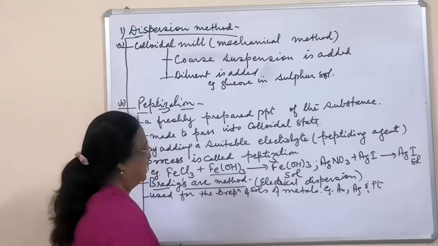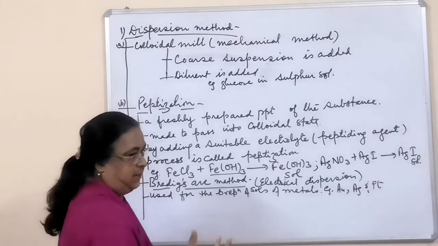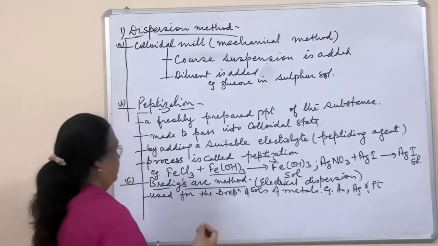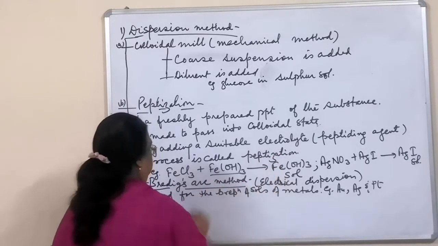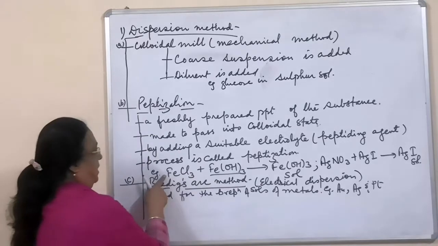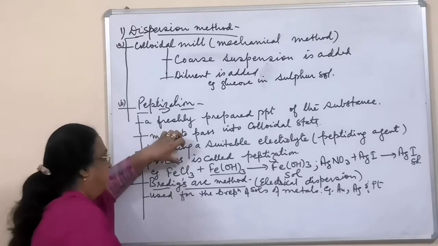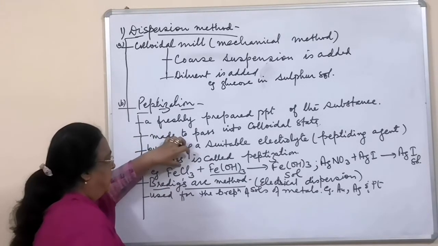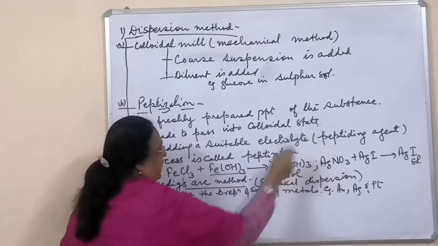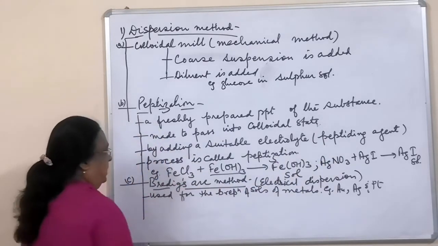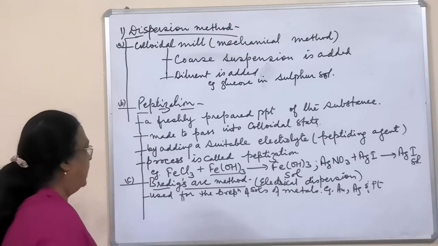Since it is in precipitate form, with bigger particle size, if you have to convert it into smaller particles in a colloidal solution, you will add a little amount of ferric chloride. This ferric chloride, the little amount you will be adding, is an electrolyte, and it will be called the peptizing agent. So FeCl3 in Fe(OH)3 is the peptizing agent.